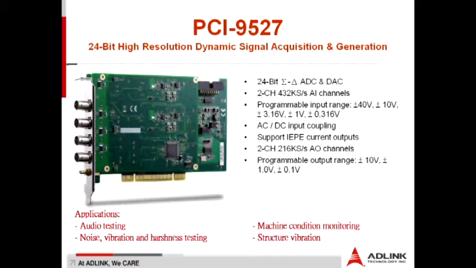PCI 9527 is a 24-bit high-resolution dynamic signal acquisition module. This card has two analog input channels and is able to acquire synchronized external signals simultaneously, equipped with an extremely stable and low noise circuit, making it easier to analyze audio and other signals such as noise.